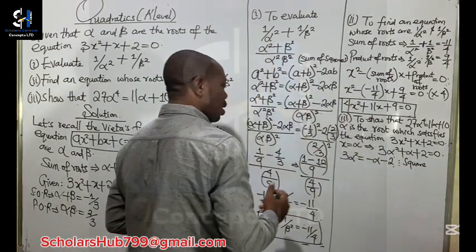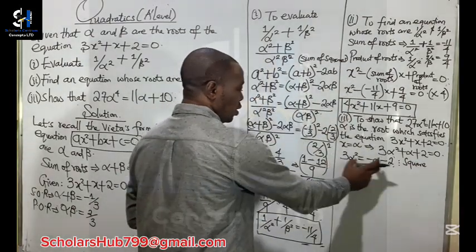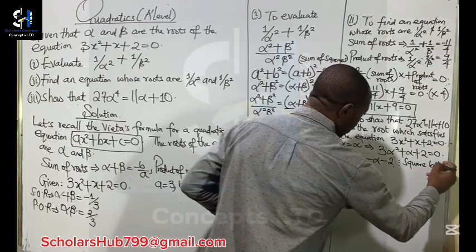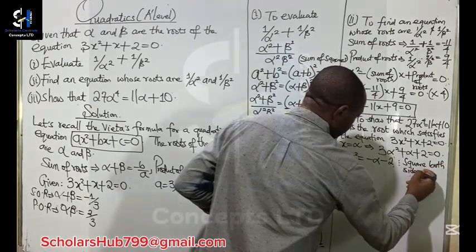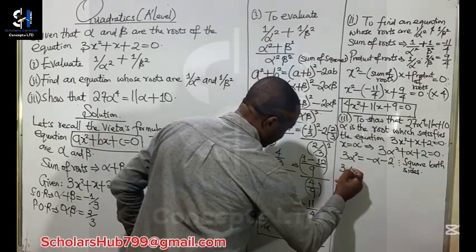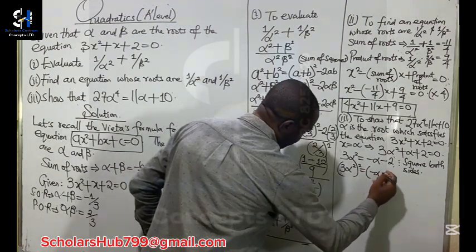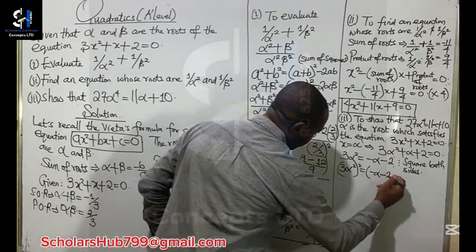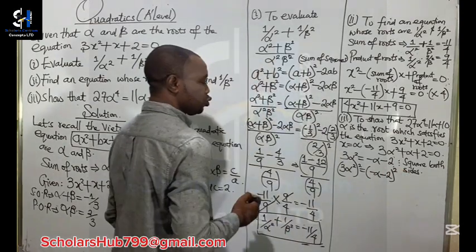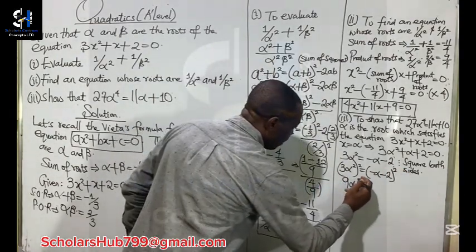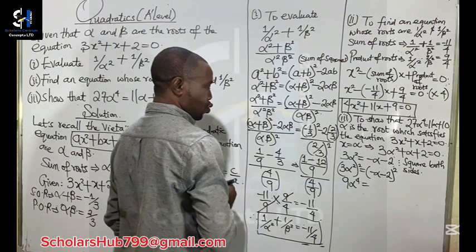Take this raised to the power of 2 and this raised to the power of 2. When we square both sides, we are going to have 3 alpha squared raised to the power of 2, then the square of negative alpha minus 2 raised to the power of 2. So this is going to be 9 alpha raised to the power of 4.